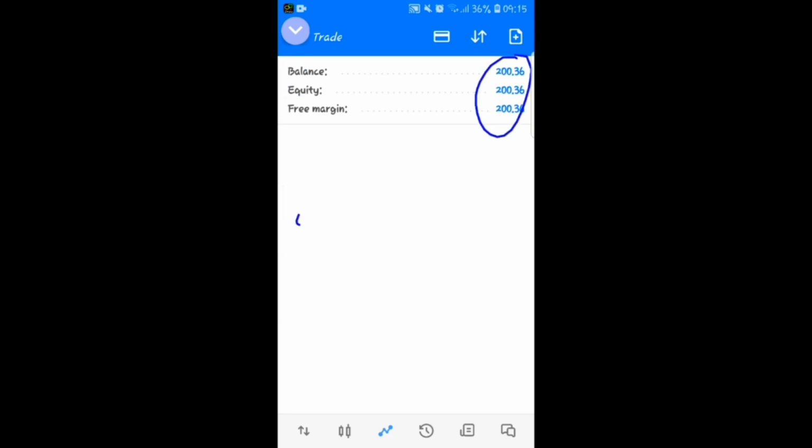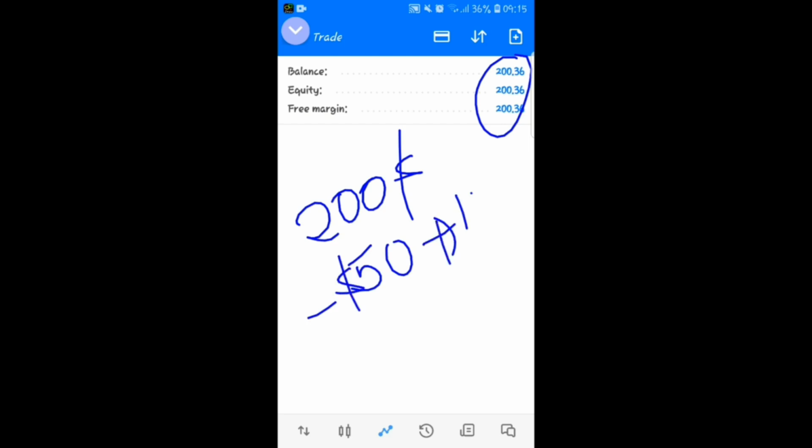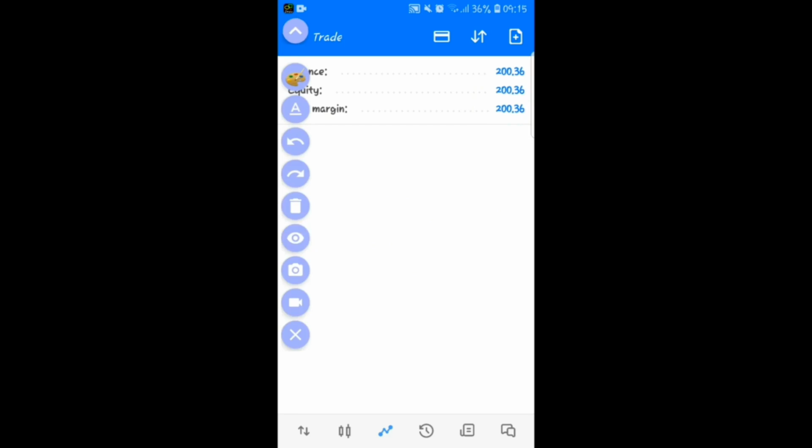The time this account reaches $200, that is the time that I'm going to deduct my capital of $50, and then I can concentrate on growing the $150. So I want to do it here practically, so you can see that this is a real account.